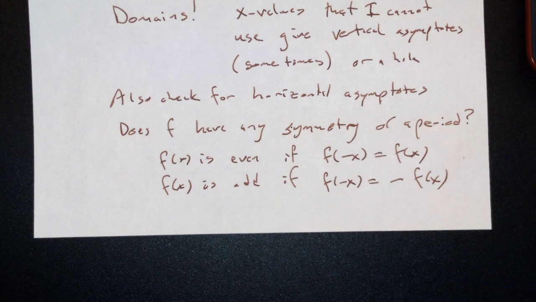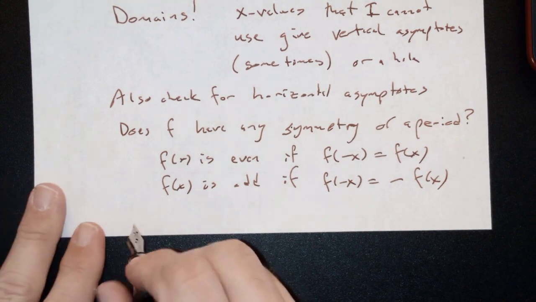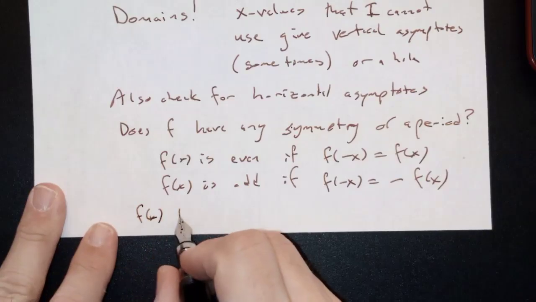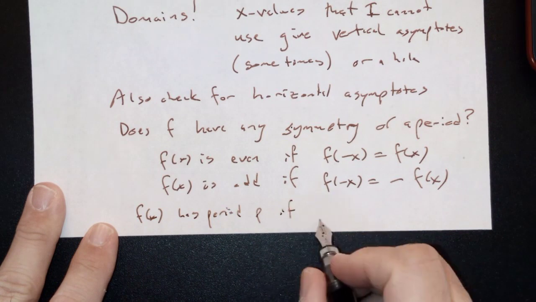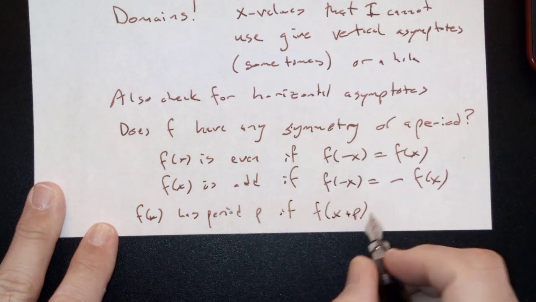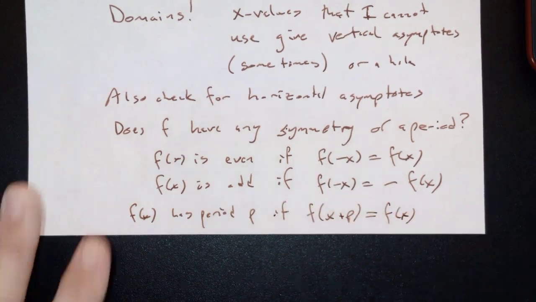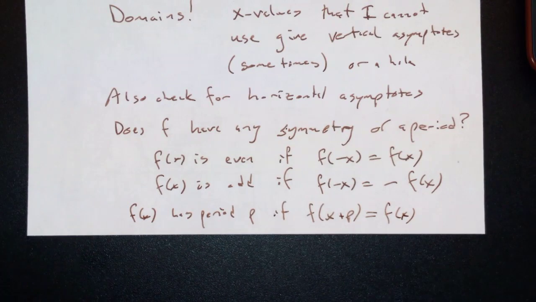A period, whatever my period may be, means it repeats every so often. A function is periodic with period p if, when you add p, you get exactly the same value.